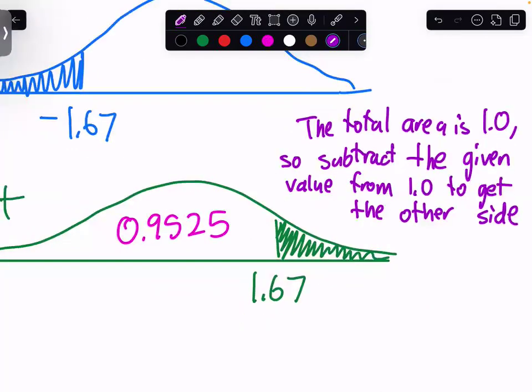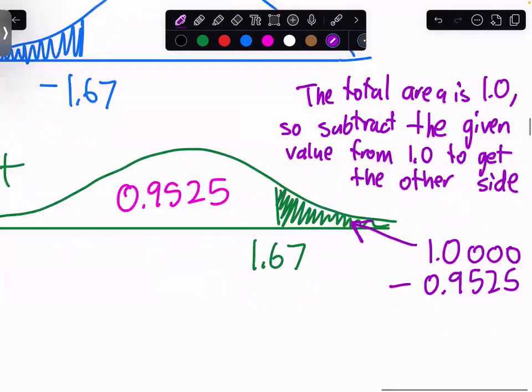Okay, so again, the empty part, the unshaded part, the table total is 0.9525. The shaded part is the part we actually want. So that means to find this shaded area, you're going to do 1.0 minus 0.9525.